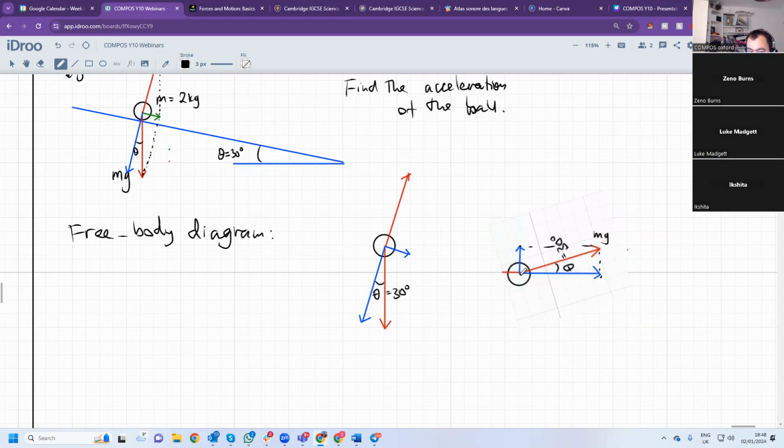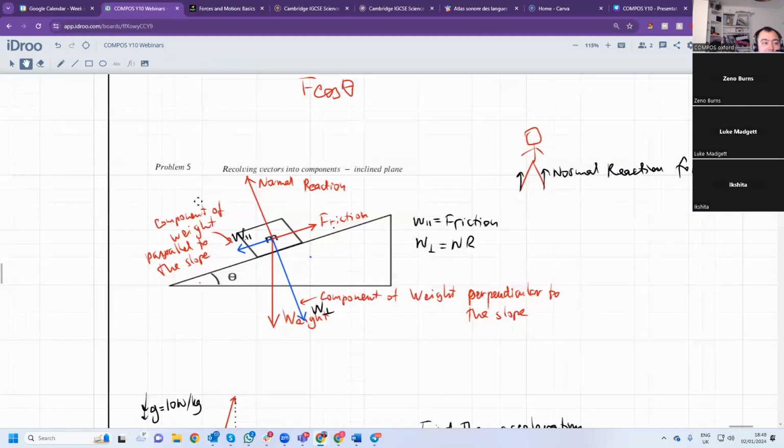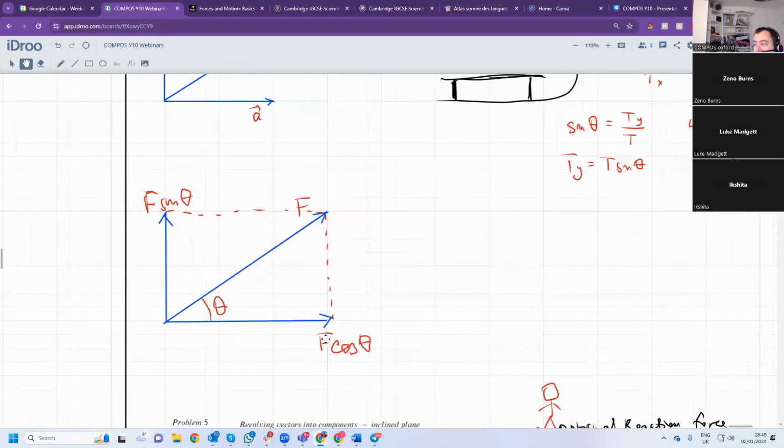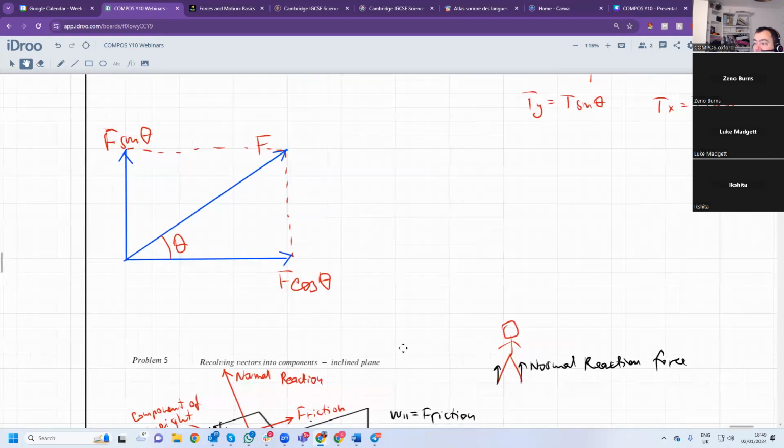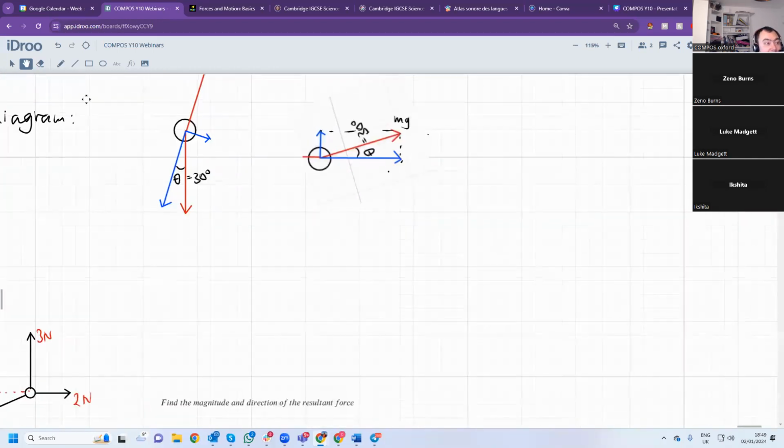If the red one is mg and the angle is theta, using this rule, this is mg cos theta, and this is going to be mg sine theta.